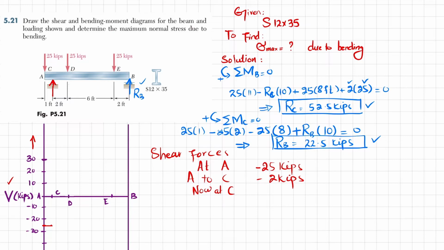So RC is 52.5 kips. So minus 25 plus 52.5 will give you 27.5 kips. So load at point C will change to 27.5.